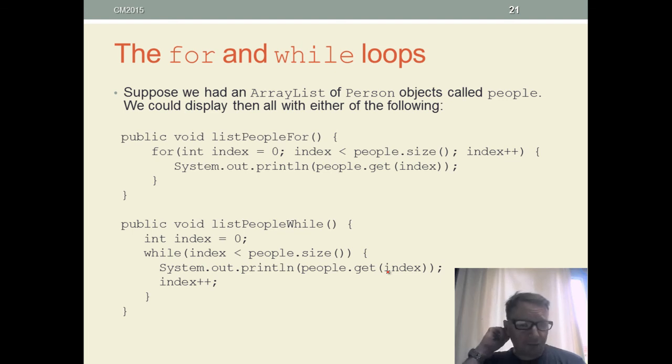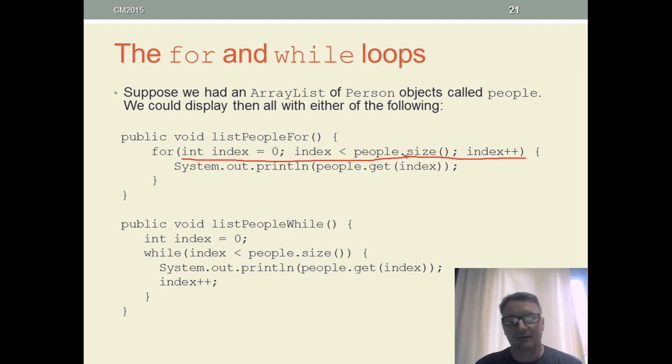So, for loops and while loops. The underpinning of an ArrayList is an array, so we have something which is very similar to how we would loop through an array. For index i, index plus plus, and we're going to continue as long as we're less than people.size.